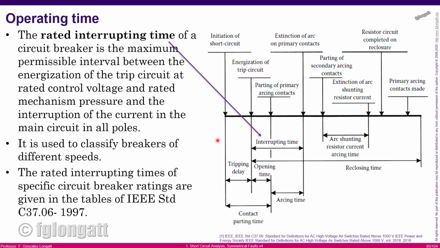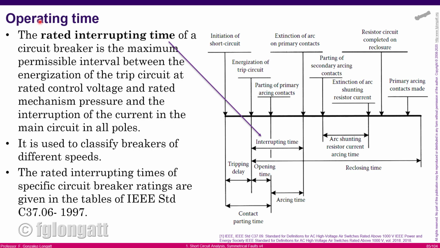Okay. A small detail about the operating time. The operating time is quite interesting. I highly suggest that you read the IEEE standard C37.09. That is the standard definition for AC high voltage air switches.